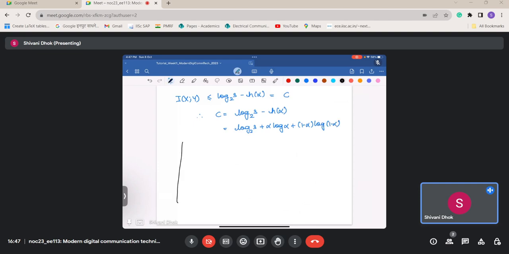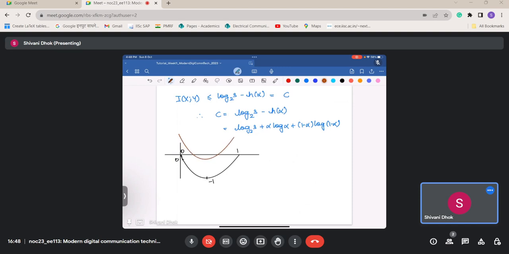Now if we sketch only this alpha log alpha plus (1 minus alpha) log (1 minus alpha), then this thing will be something like this. This will be minus 1, this will be 0, this will be 1, and this is 0. Now if we add this quantity, it will shift it upwards by this factor.